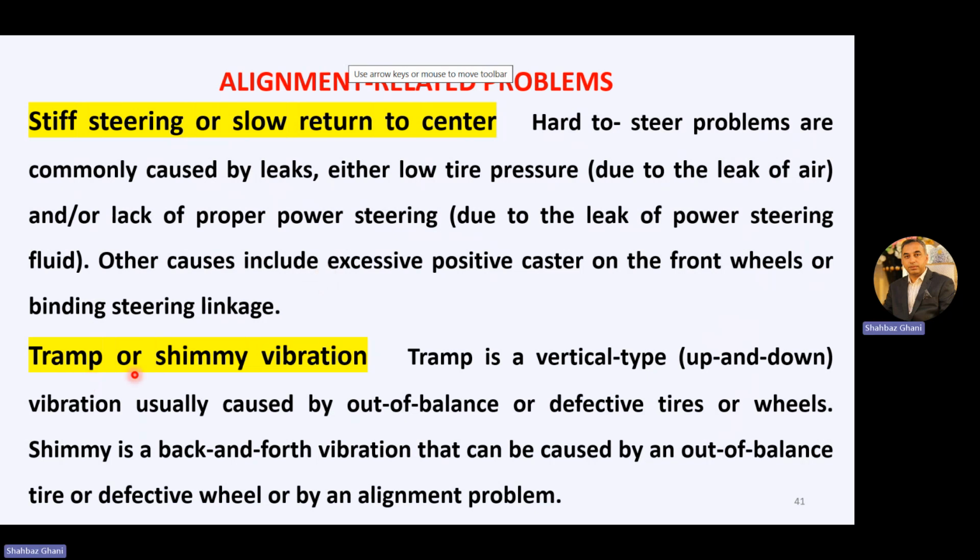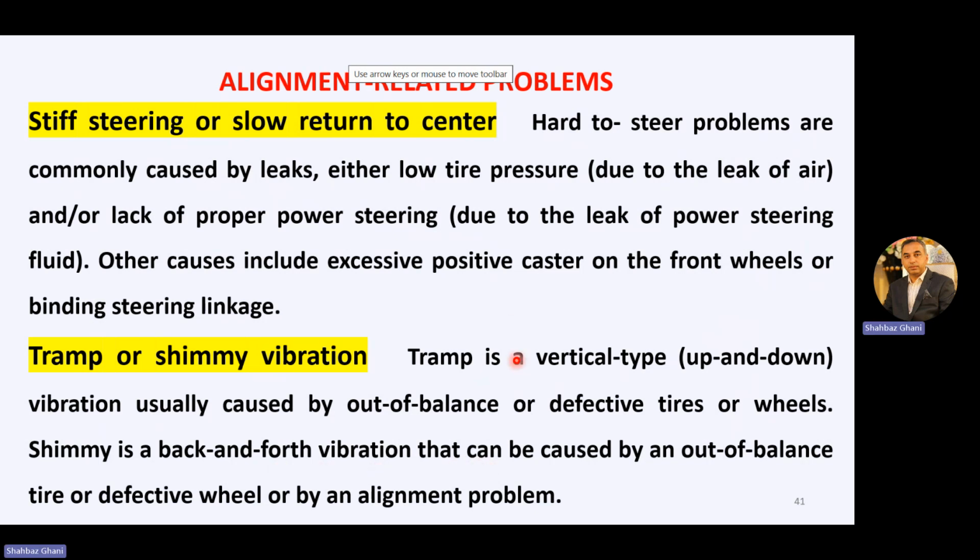Last one is tramp or shimmy vibration. Tramp is a vertical, up and down vibration usually caused by out of balance or defective tires or wheels. Shimmy is a back and forth vibration.